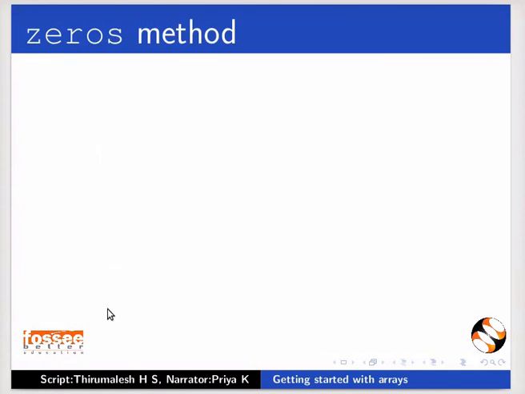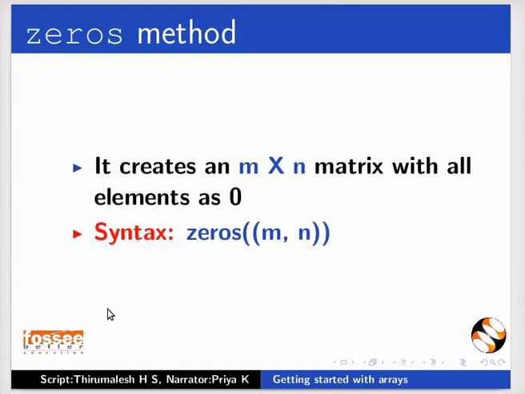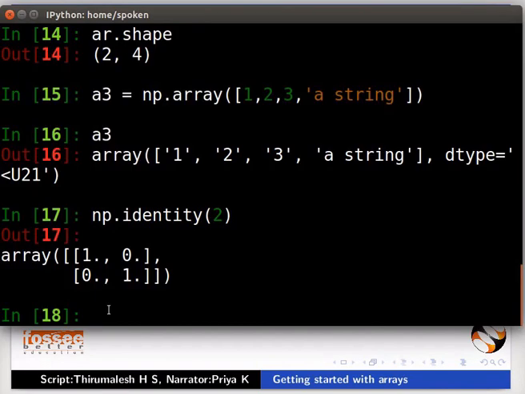Next is zeros method. It creates an m by n matrix with all elements as 0. The syntax is zeros(m, n). Let us create an array of the shape 4, 5 with all the elements 0.